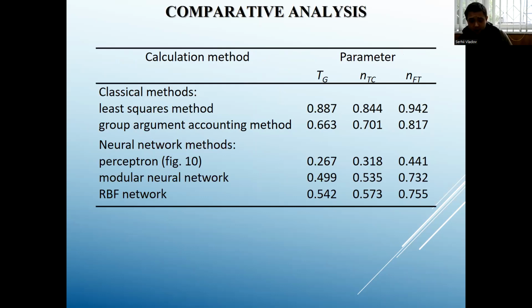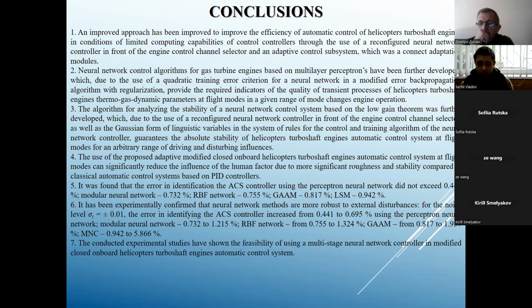The results of the comparative analysis are presented on this slide. The conducted experimental research has shown the feasibility of using a multi-stage neural network controller in the modified closed onboard helicopter's turboshaft engine automatic control system. The conclusions are presented on this slide.